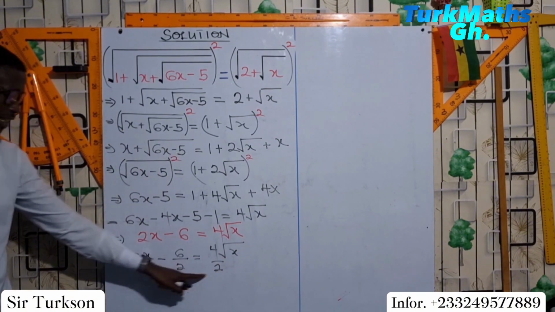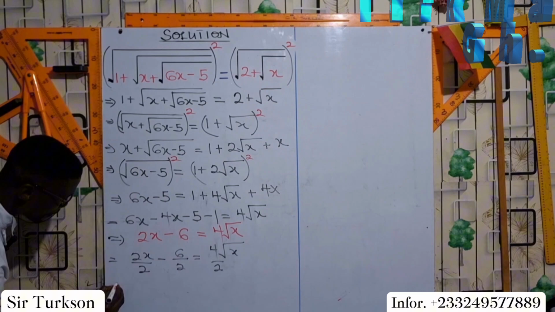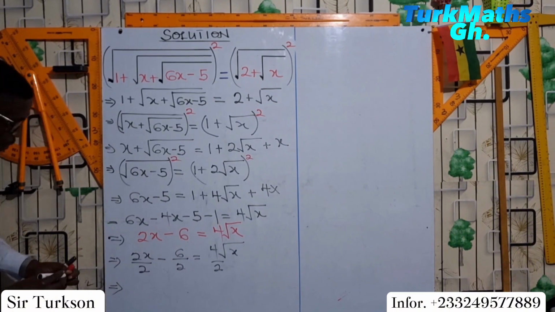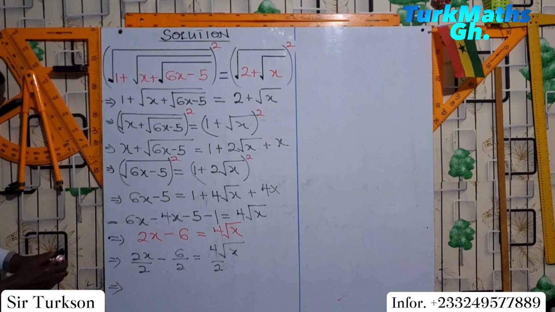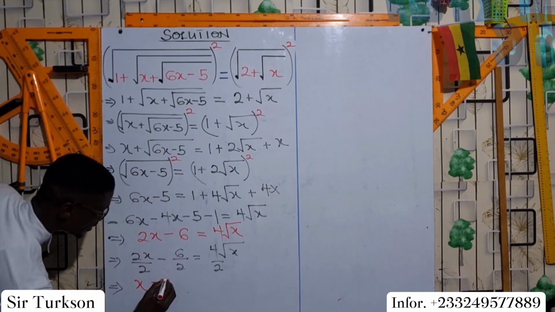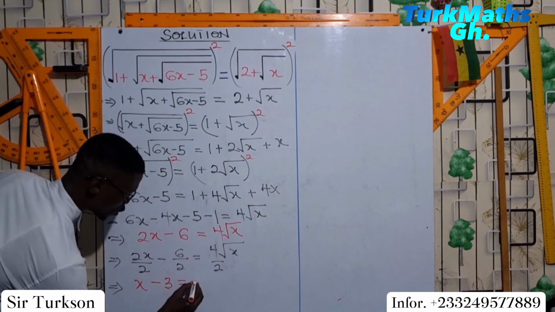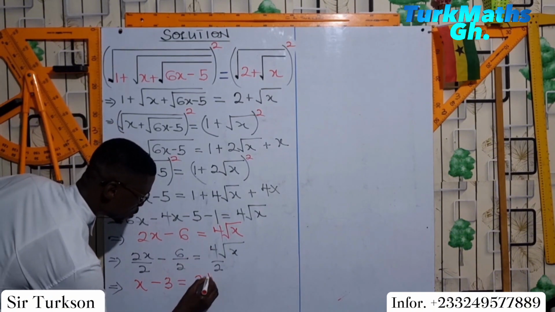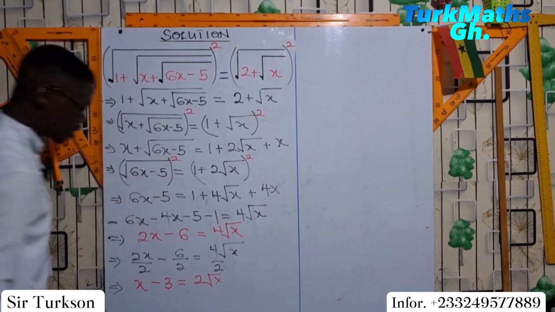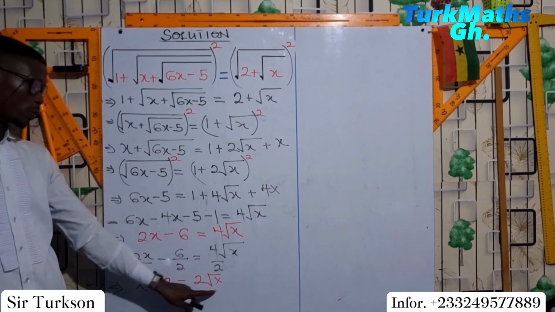When I simplify this, we are going to have x minus 3 equals to 2 root x.